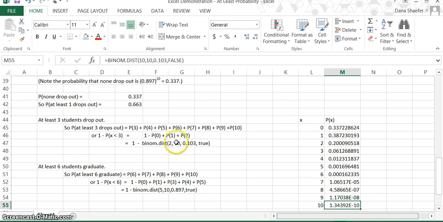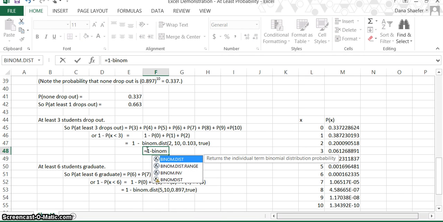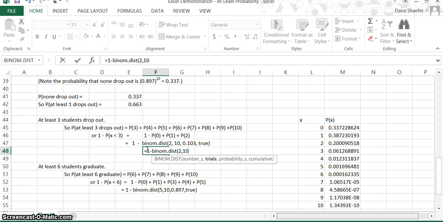Or if I'm using this binomial distribution function in Excel, down here I'm going to say 1 minus the binomial distribution. The number of successes is 2 out of 10, with the probability of success being 0.103. And I'm going to say true because it's going to do cumulative. Look over here in bold, it says cumulative.